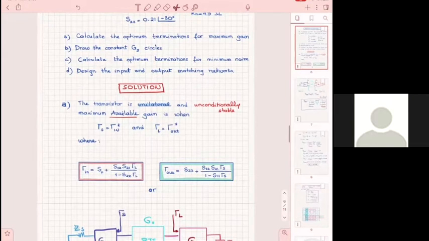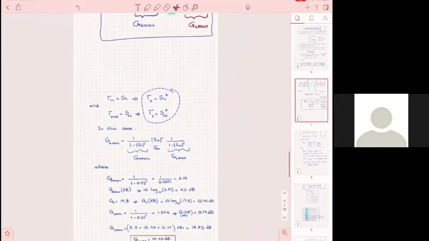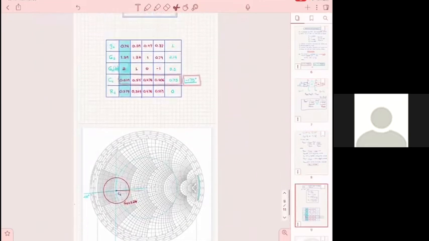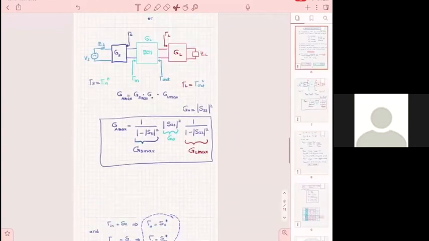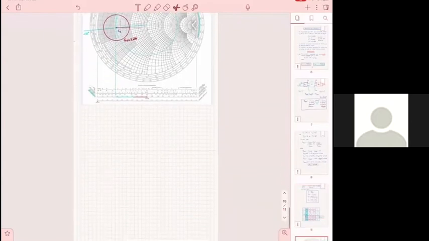Now, I say calculate the optimum terminations. Look at C: calculate the optimum terminations for minimum noise. Let's think about that, okay? First of all, let us go and get the expressions for noise before we do anything else.